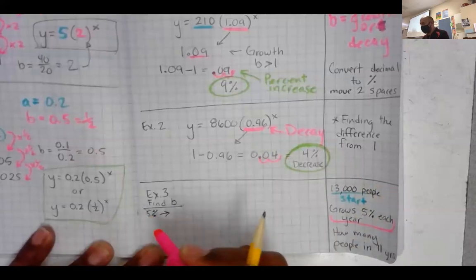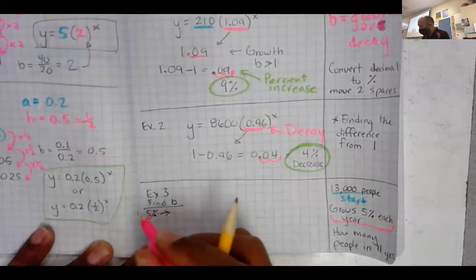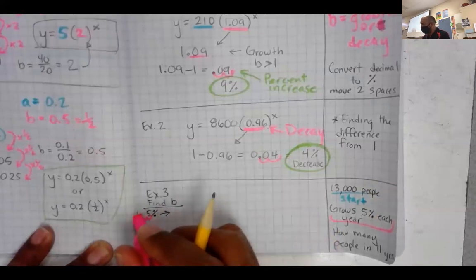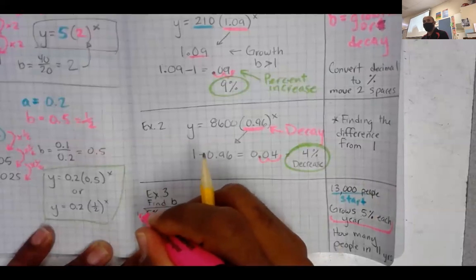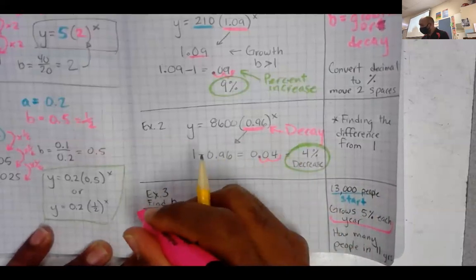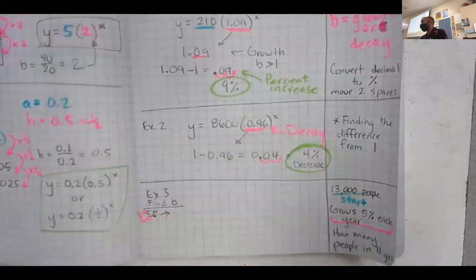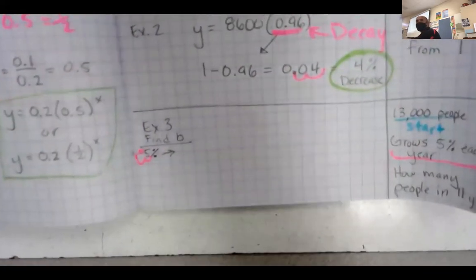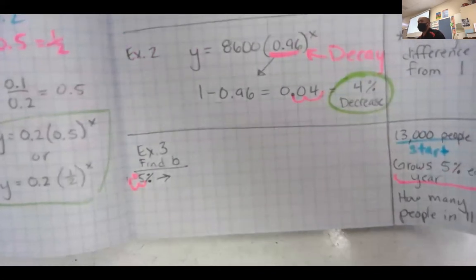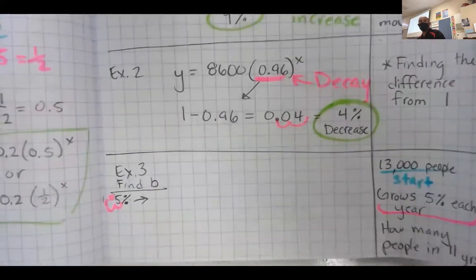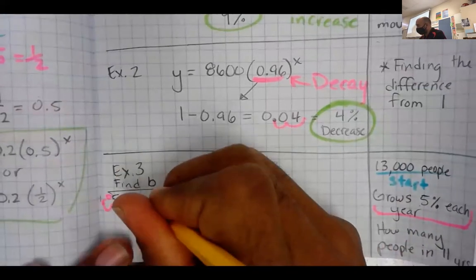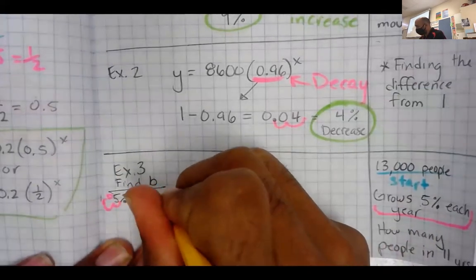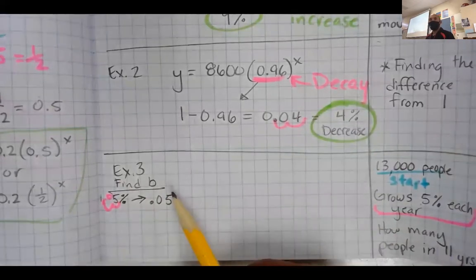But if they start with the percent, now we go back 1, 2 the other way. Now, if we go back, remember that if there's no number there, we're going to put a 0. Okay? Kind of zoom in a little bit on this one. So I go 1, 2. So now the percent is 0.05. Okay, but again, that's still not the B.